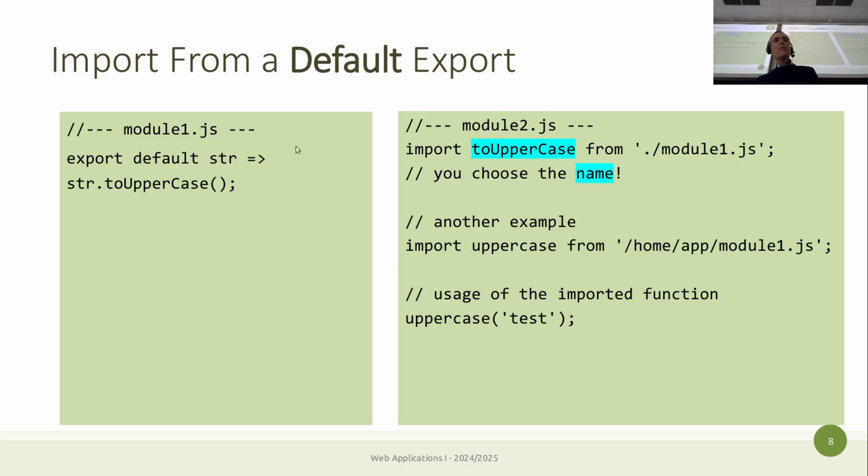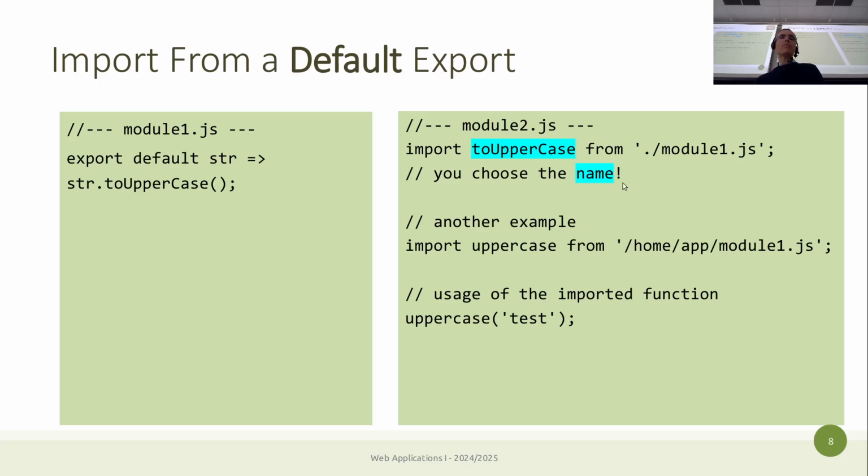Okay, so let's see, export default, and I export a function. On the other side, in another file, in another place, I will import this function. How do I import it? Well, I import something from module1.js, that is the name of the file, in the same directory, of course, otherwise you need to indicate the correct path to find the file.